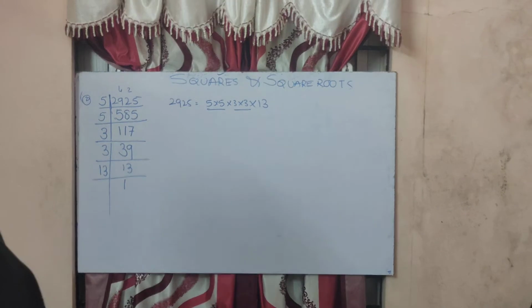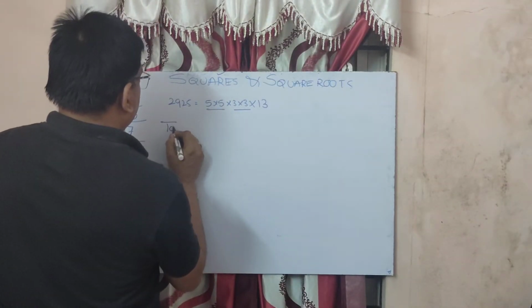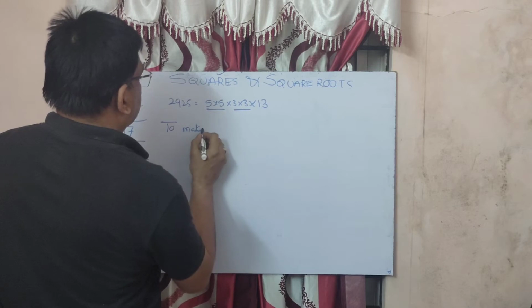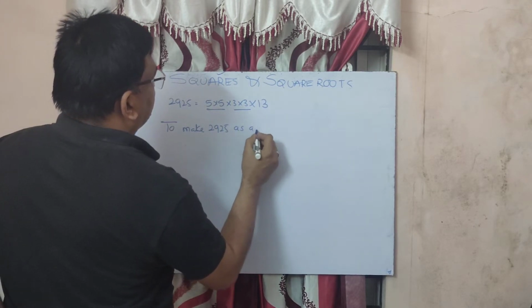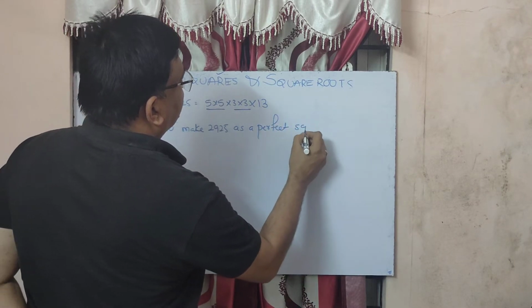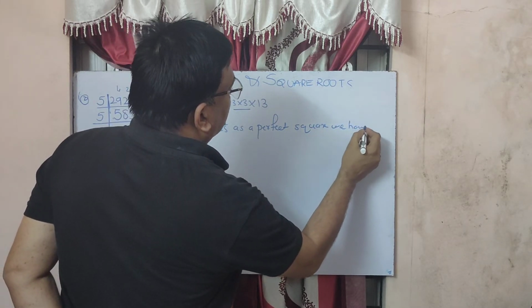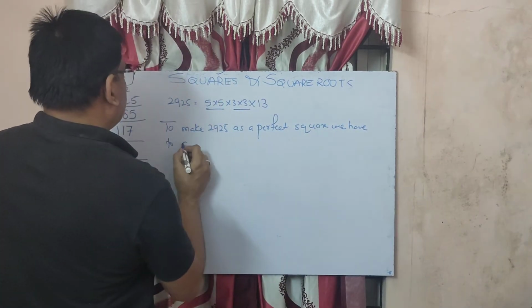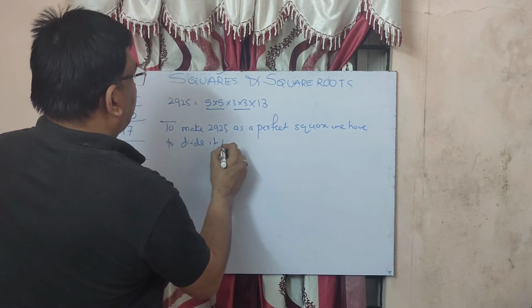So to make 2925 a perfect square, we have to divide it by how much?